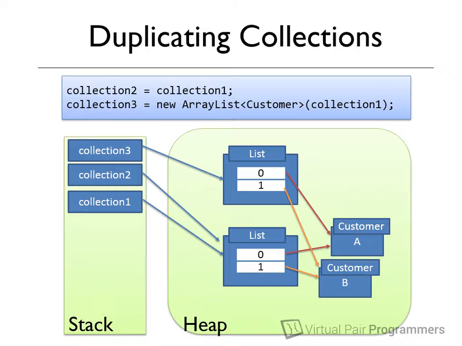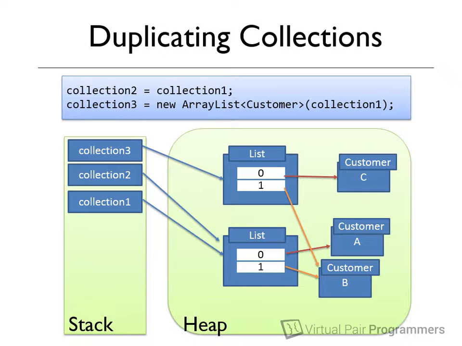The possible downside of this is that the client is still free to mutate the collection that they have been passed, but it's their own personal copy of their collection. So if they do make a change, well, they're not corrupting the original source data. But this is not a perfect solution, as we can change the underlying objects in the collection.